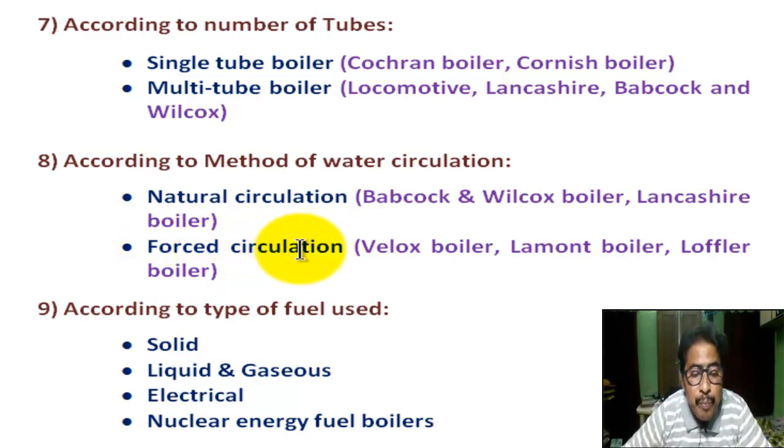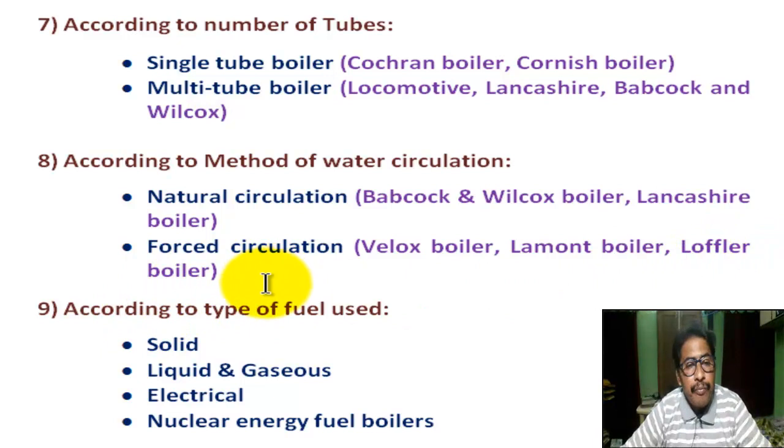Forced circulation is used in high pressure boilers. Example, Velox boiler, Lamont boiler, Loeffler boiler, etc.